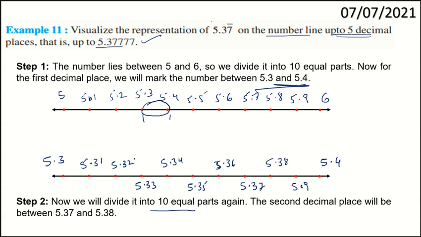So, 5.377 lies between this 5.37 and 5.38. So, this portion is to be magnified. This portion is to be divided into 10 equal parts and magnified. So, that we will do in step number 3.